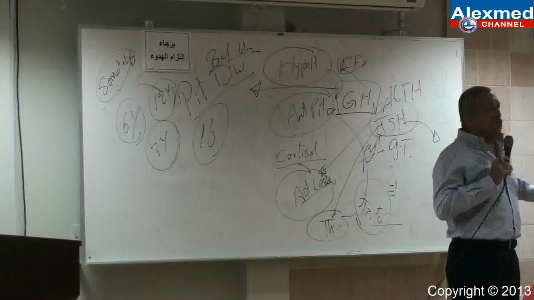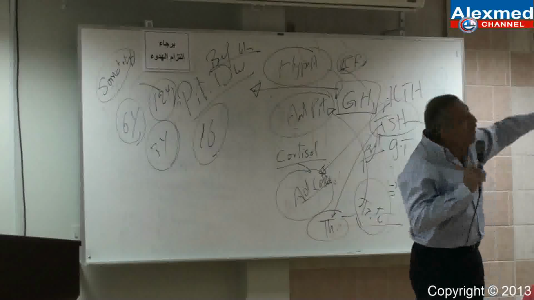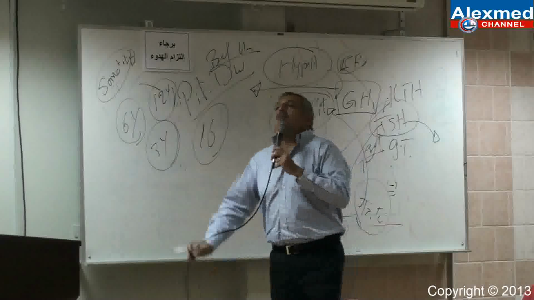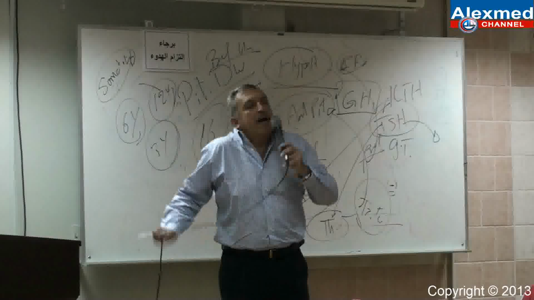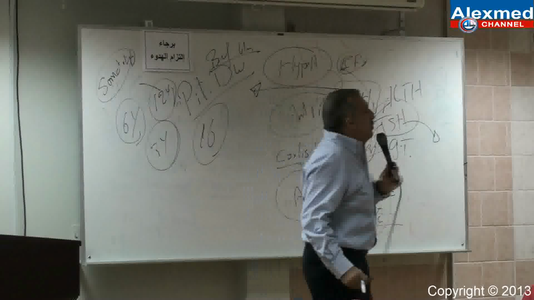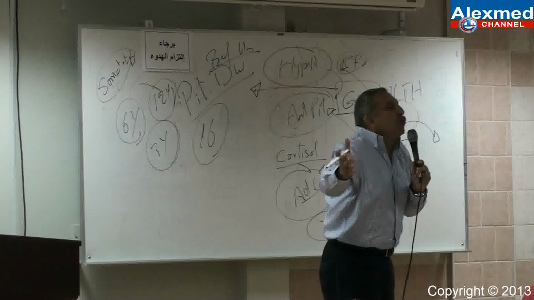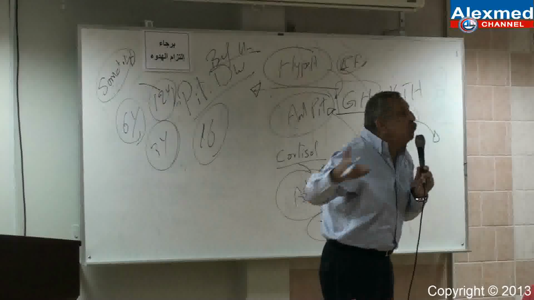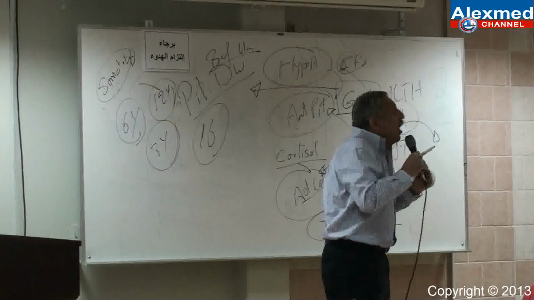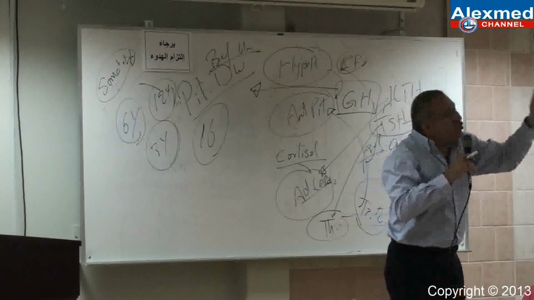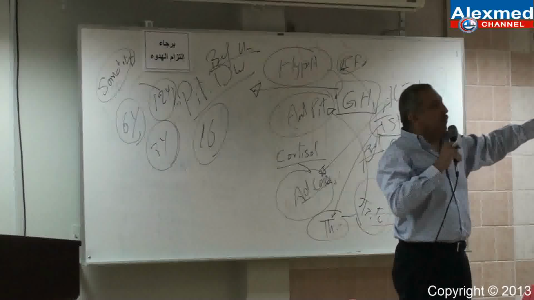Nothing will happen. Because the primary disease in the gland. The gland tissue is destroyed by autoimmune, by antibody, whatsoever. So there is no T3, T4. Due to what? Due to disease of the gland. So I'm going to give TSH once, twice, thrice, no effect.